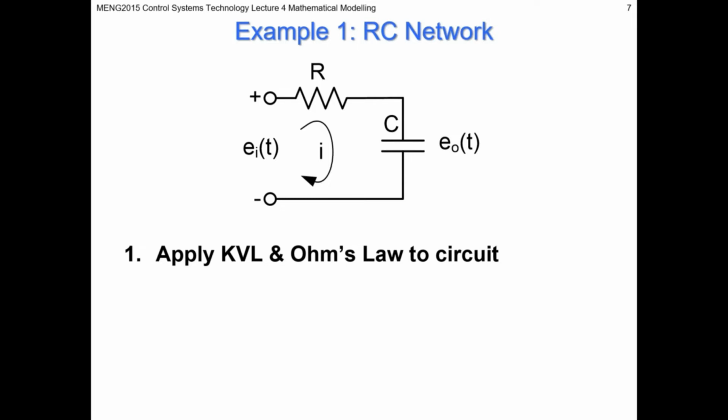Using that, you can create one equation expressing your voltages in the circuit using the input voltage, and you can get another expression for the output voltage. So we're looking for a system of two differential equations.